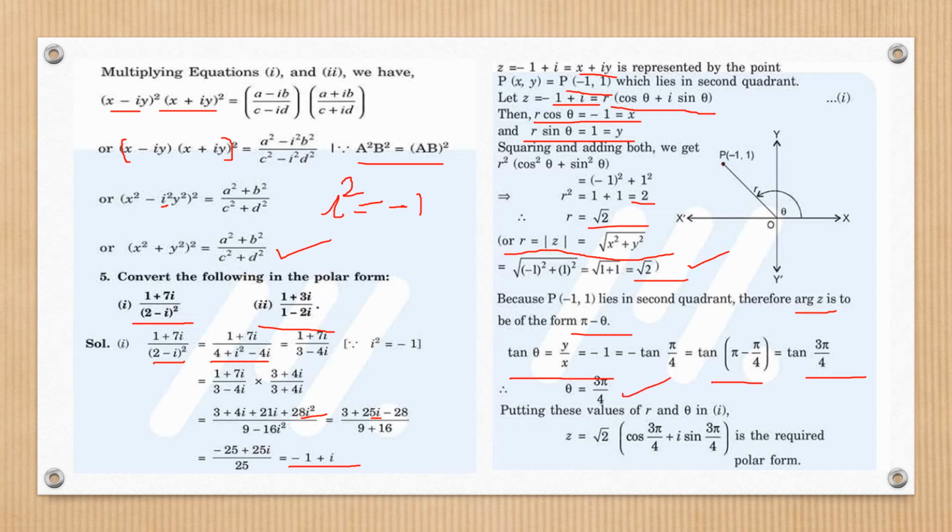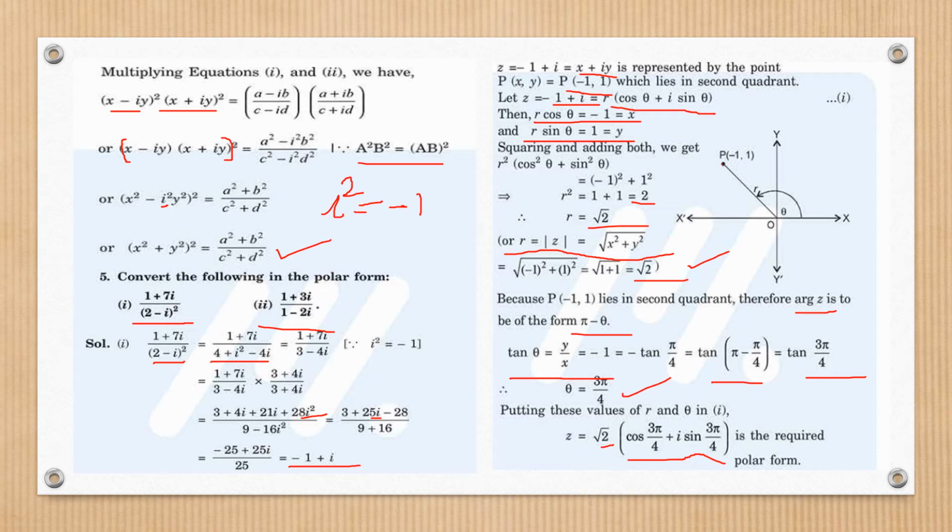And putting the value of r and theta, we get z equal to r times (cos theta plus iota sin theta), which is the required polar form. So this is also another way of calculating the argument. Otherwise, I can just go for the sin theta and cos theta terms. Then what will I do? I will calculate from here: sin theta will be 1 by root 2 and cos theta will be minus 1 by root 2.